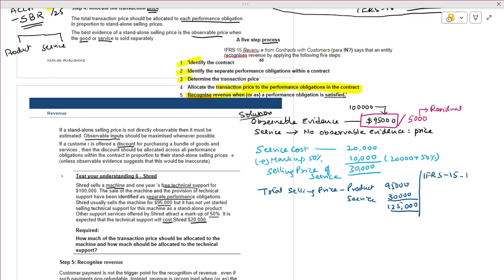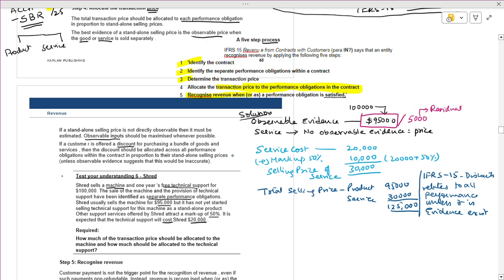It says that discounts relate to all performance obligations, unless evidence exists otherwise. Okay.